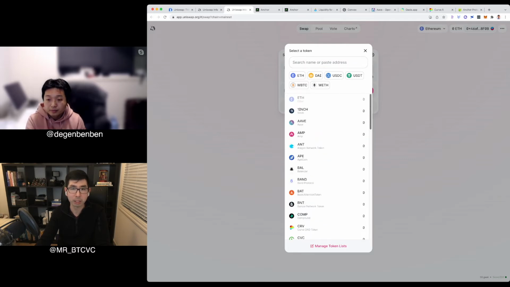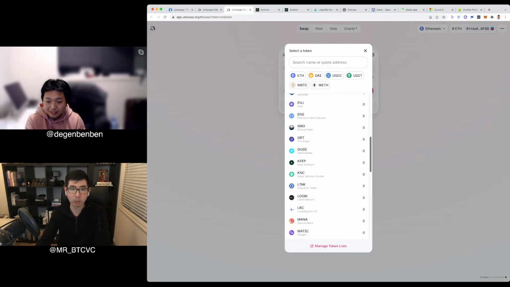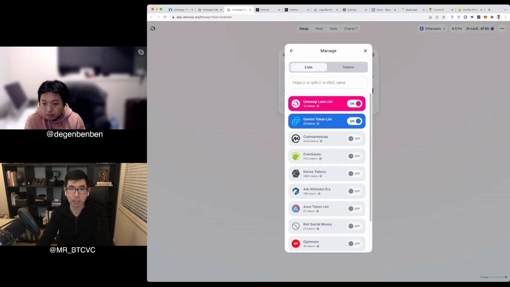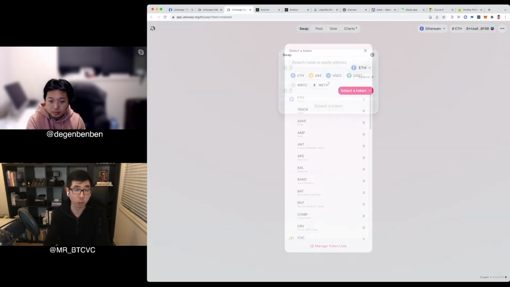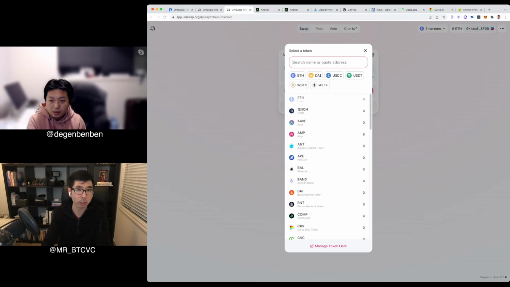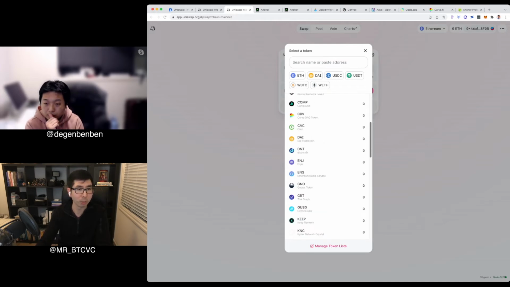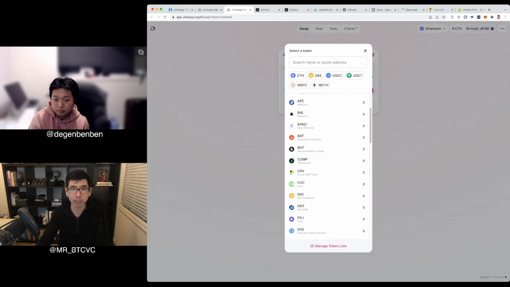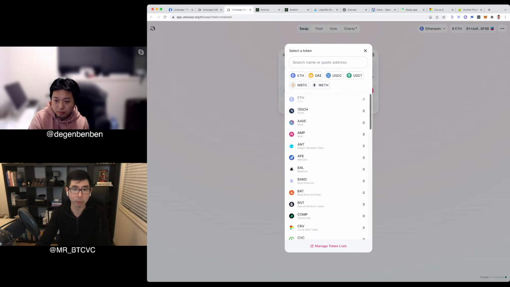This is their main Uniswap list, but you can also click here and add a bunch of token lists, like the CoinGecko list, CoinMarketCap list. Once you add the list, you can just search for that token. Between CoinGecko and CoinMarketCap, you would have covered a ton of tokens, and I think they put in the very popular ones here, so you don't have to look for them.